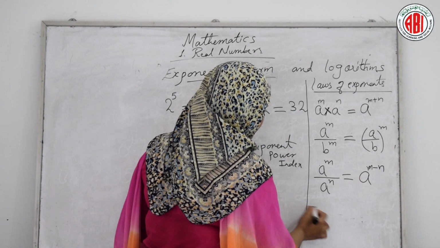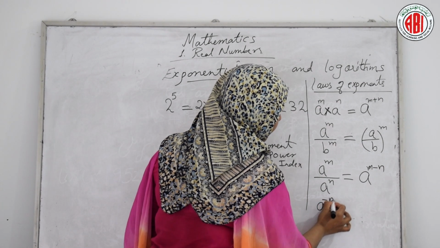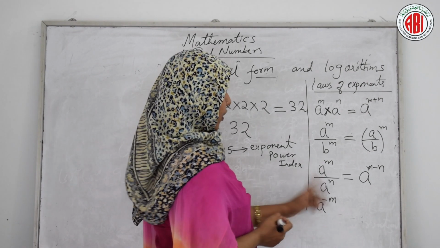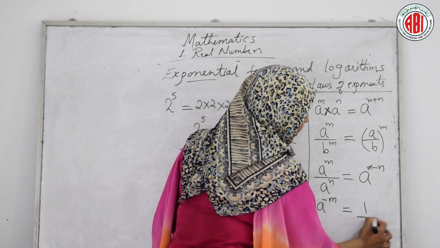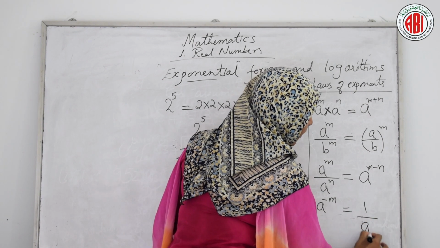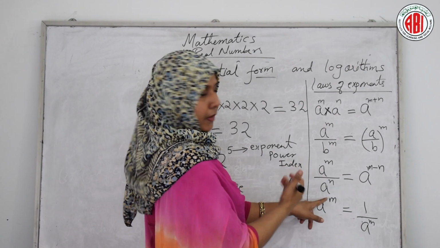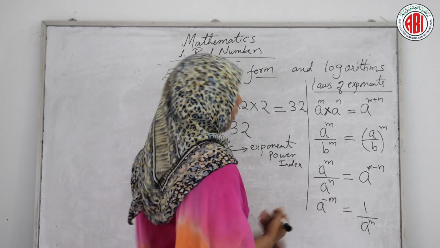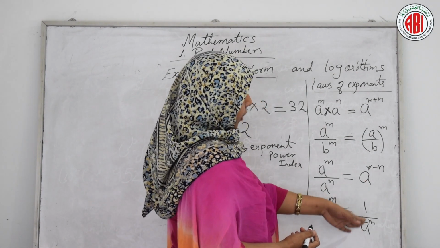Now one more: we have a to the power minus m. Suppose the exponent is negative, what can we do? We can write this as 1 by a to the power plus m. Minus m is there, a negative exponent, so we shift it to the divisor form, and then the exponent becomes plus: 1 by a to the power m.